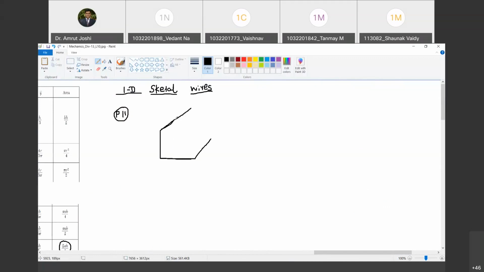Yes, sir. And I have to ask myself a question. If this is the wire made up of same material and having the same cross section, are you with me? Yes, sir. Material भी same है, same cross section है, but lengths are different. What is the point where I can show the entire weight of the wire to be acting? Is the question that I am asking. Are you with me? Yes, sir.